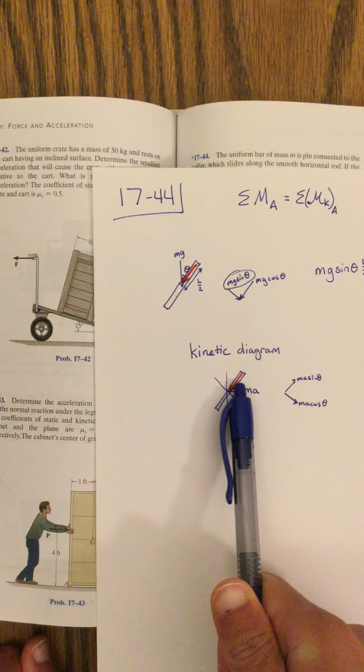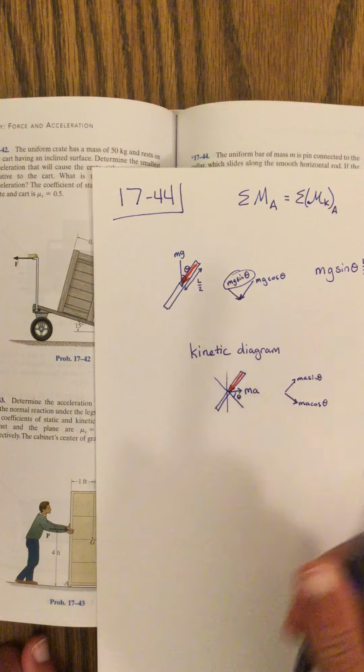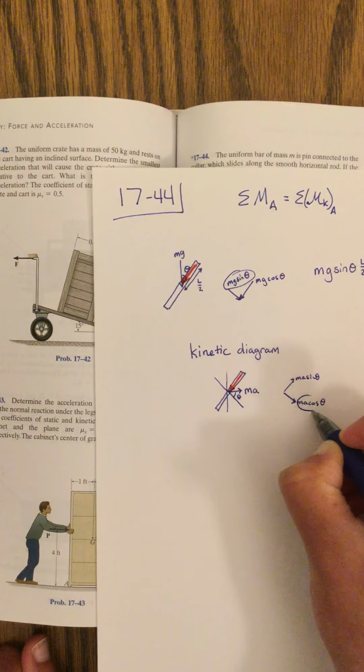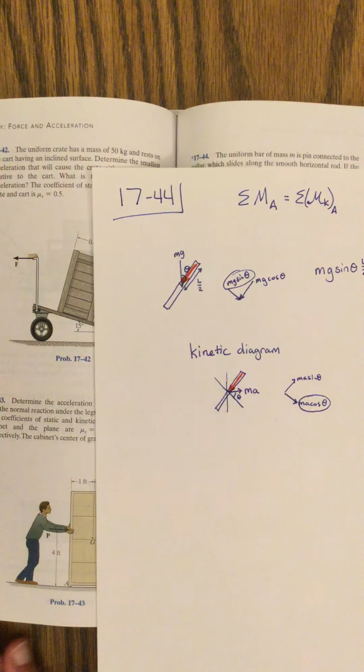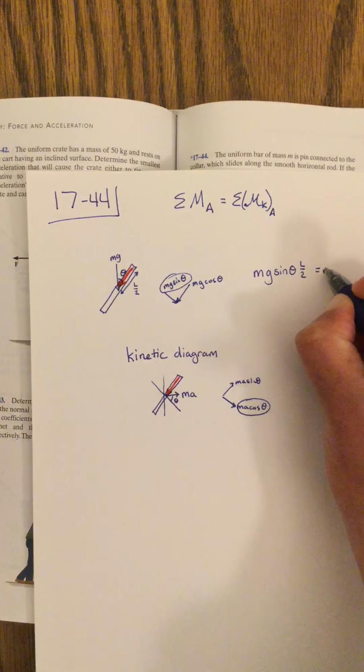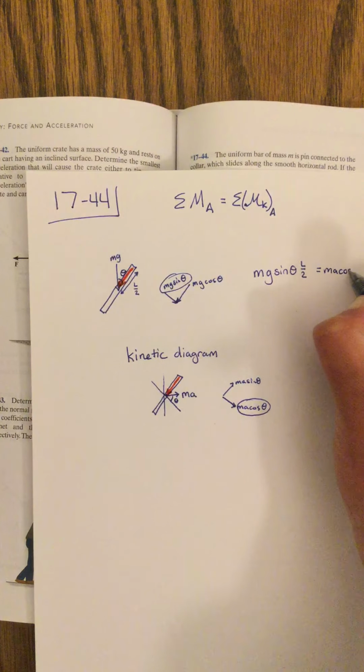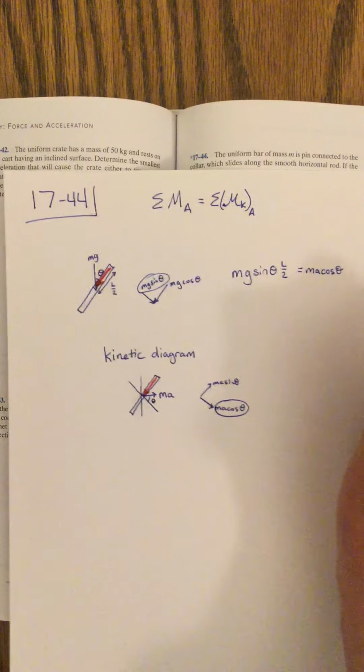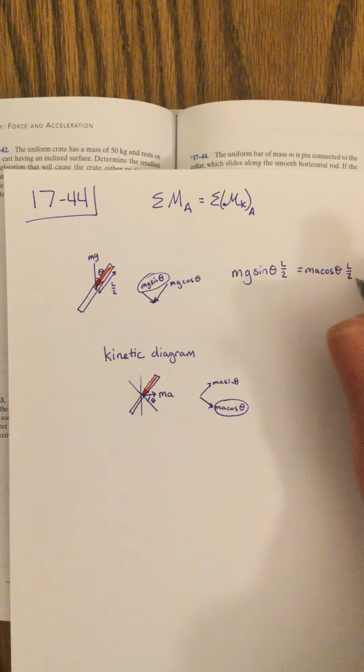So when you do the cross product with the vector r and MA, it's only this component which is not 0. So this is equal to MA cosine theta times L over 2.